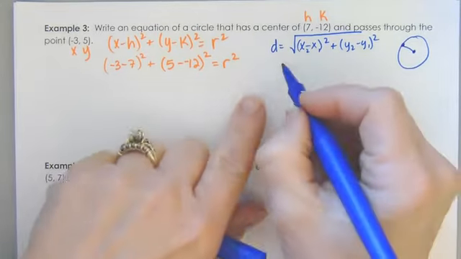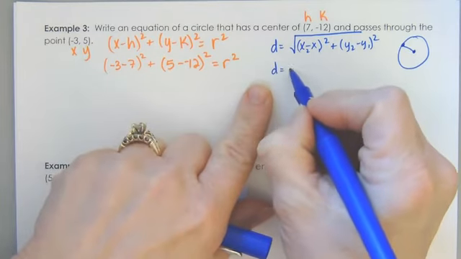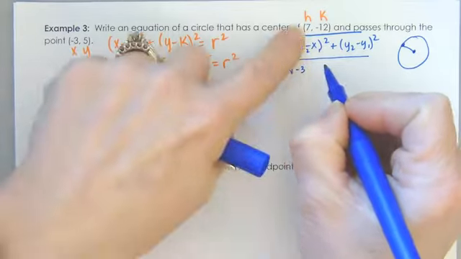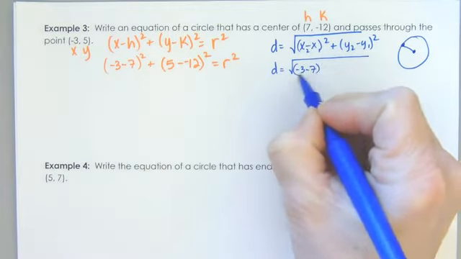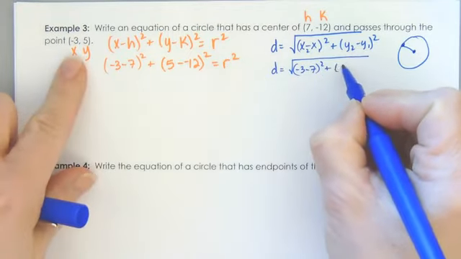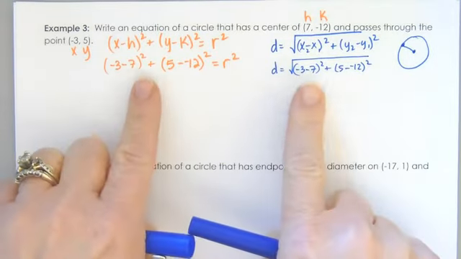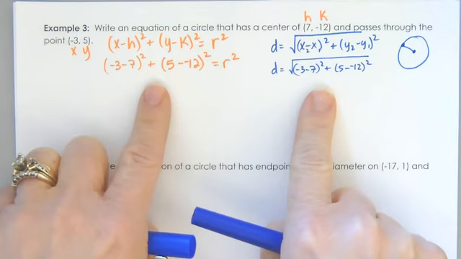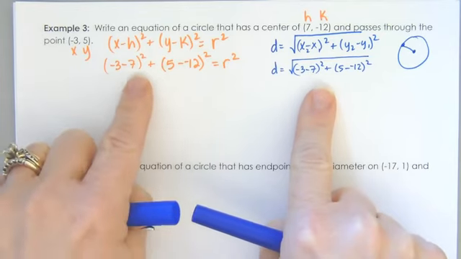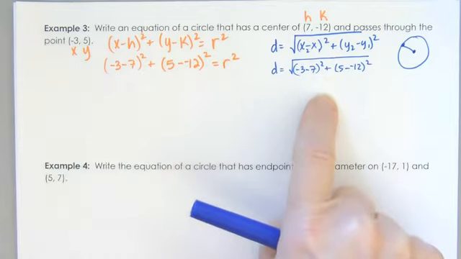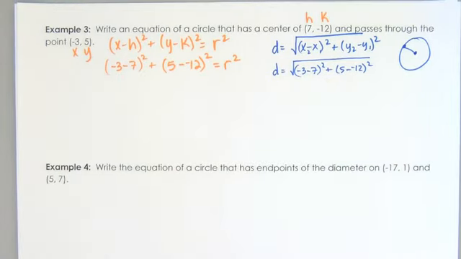If you were to plug in numbers for that, you've got an x that's -3, you've got another x value that's 7, plus you've got a y value that's 5, minus another y value that's -12. Do you guys see how that's the exact same thing? I think it's kind of cool. So the circle formula is the same as the distance formula, which essentially is the same as the Pythagorean theorem. Is your mind blown or what?